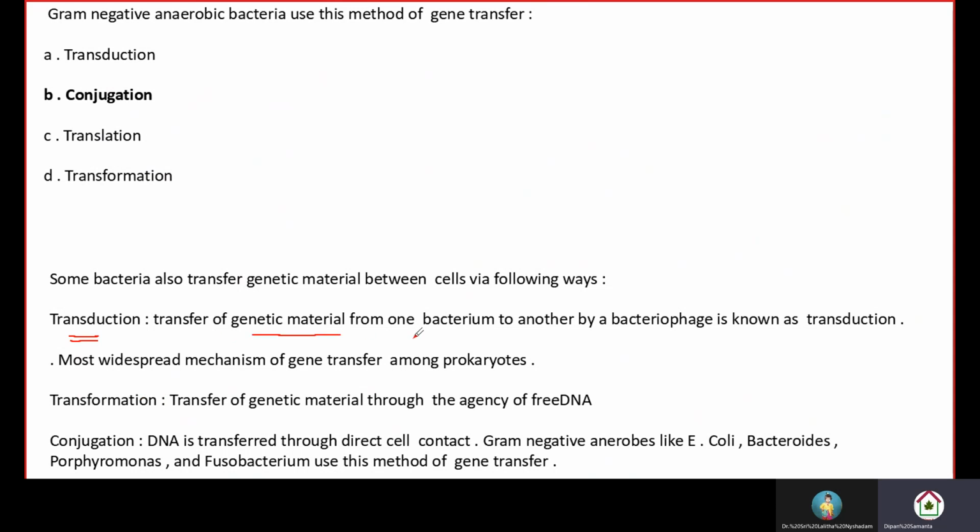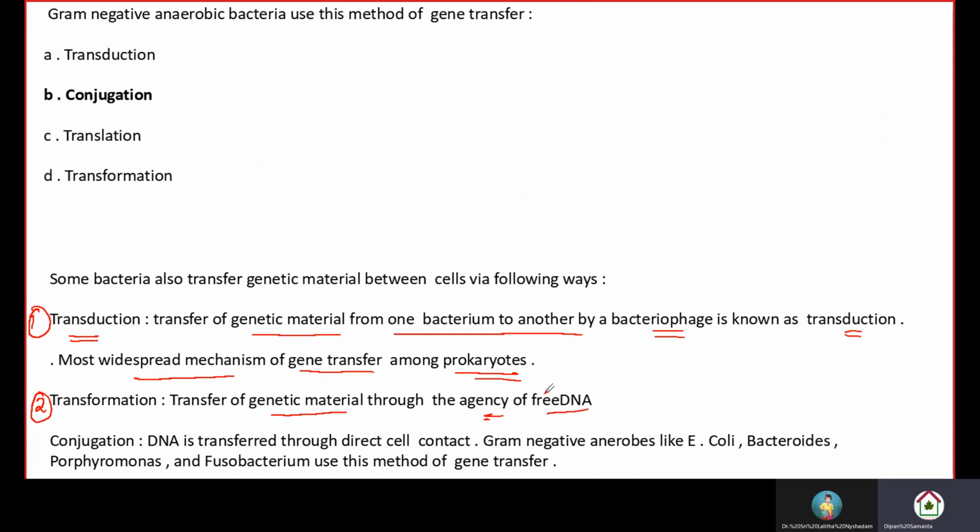Transfer of genetic material from one bacterium to another by bacteriophage is called transduction, the most widespread mechanism of gene transfer among prokaryotes. Number two, transformation: transfer of genetic material through the agency of free DNA.